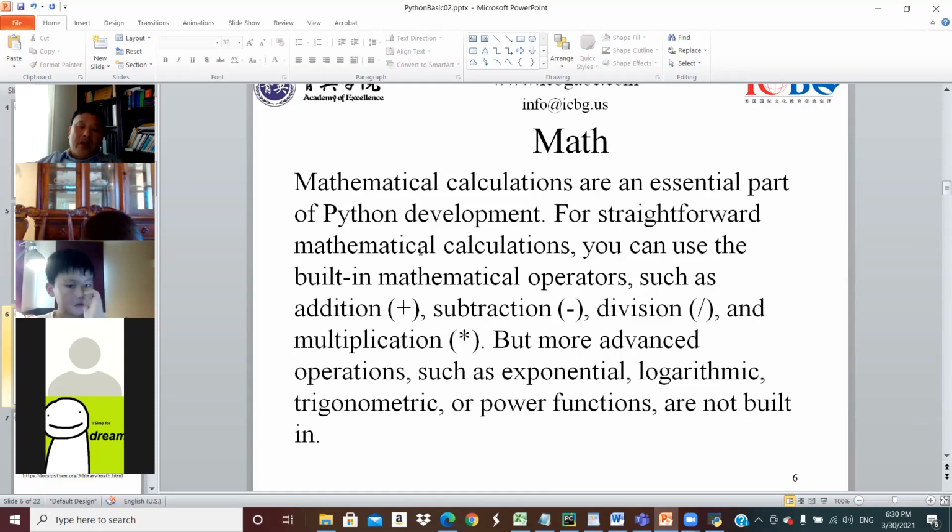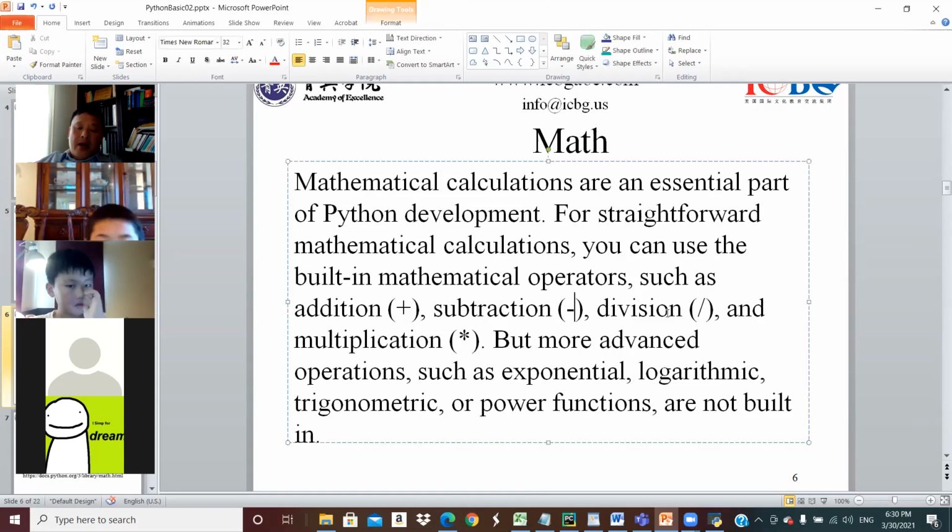For straightforward calculations, you can use the built-in mathematical operators such as addition, minus, division and multiplication. But the more advanced operations, I do not think you learned in elementary school. So you do not need to worry about that if you do not understand it, okay?